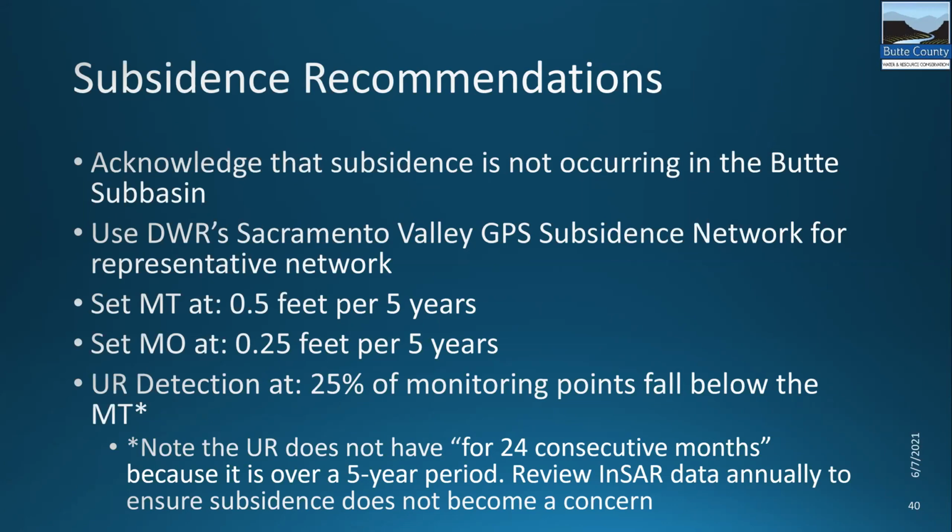So they've created seven management areas and established different minimum thresholds and measurable objectives using running averages for subsidence in those areas. I don't know if that helps at all.